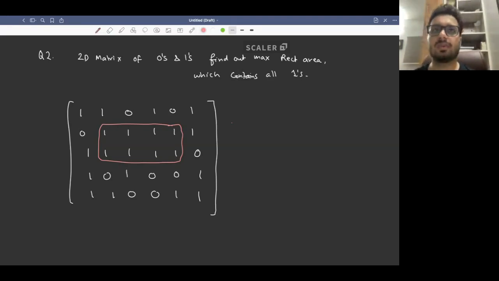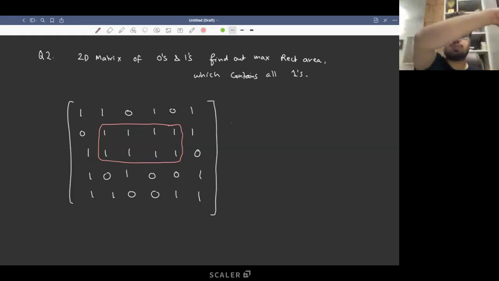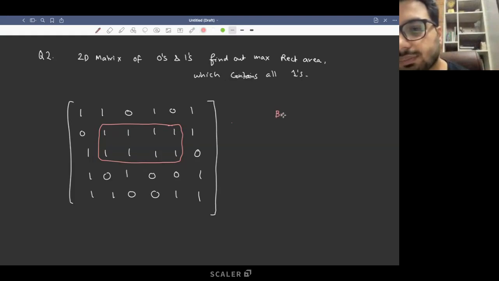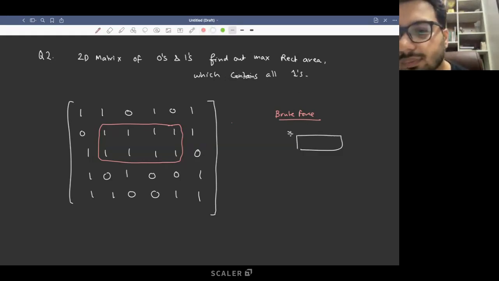How do we solve this problem? Any ideas? What could be a brute force solution? Look for all rectangles x1, y1, x2, y2.